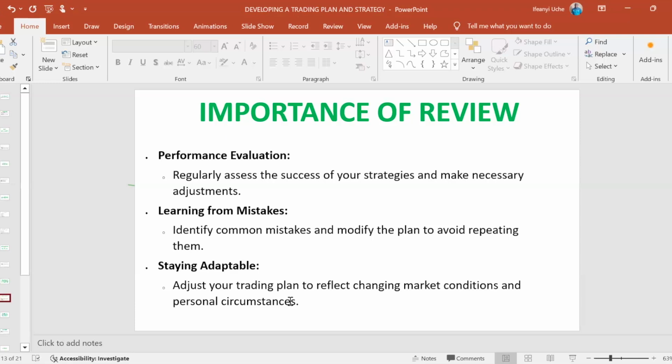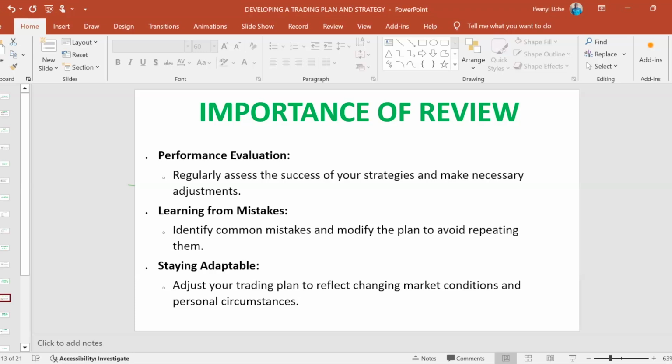And then you now are using your strategy. And at the end of the month, it's important to do an evaluation because you have set goals. In fact, don't even leave it to the end of the month. Every day, every week, evaluate your strategies so that you know whether there's a need for adjustments or not. And then where there are mistakes, identify those common mistakes and modify the plan to avoid repeating them.